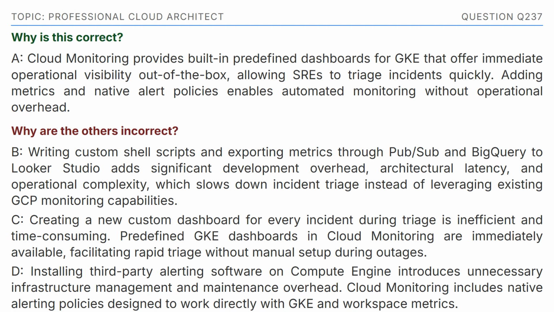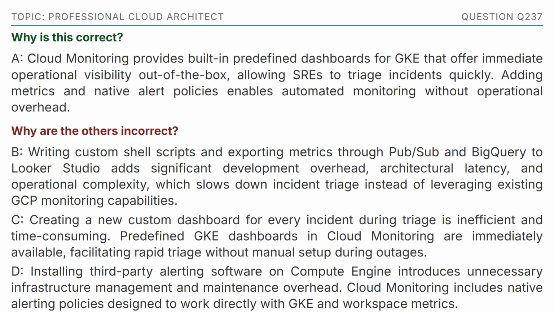Why are the others incorrect? B. Writing custom shell scripts and exporting metrics through Pub/Sub and BigQuery to Looker Studio adds significant development overhead, architectural latency, and operational complexity, which slows down incident triage instead of leveraging existing GCP monitoring capabilities. C. Creating a new custom dashboard for every incident during triage is inefficient and time-consuming.